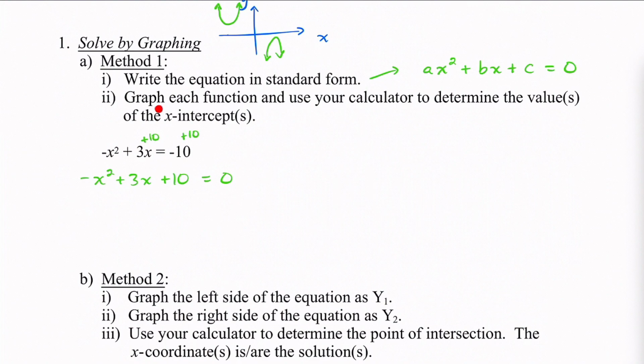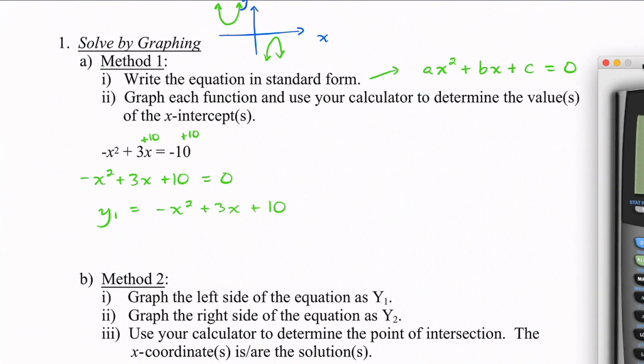Step 2 says graph each function and use your calculator to determine the x-intercepts. So let's get out our calculator and we are going to graph this right here. In our calculator we're going to type into y1 negative x squared plus 3x plus 10.